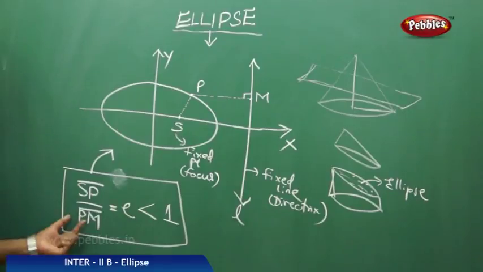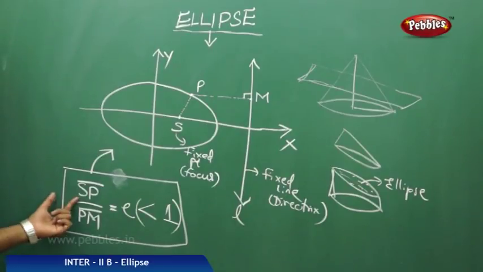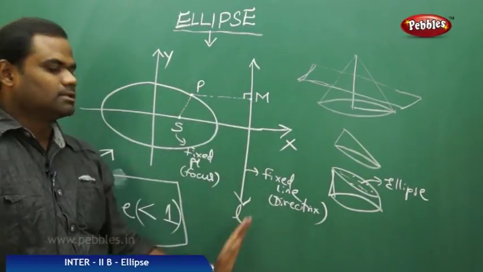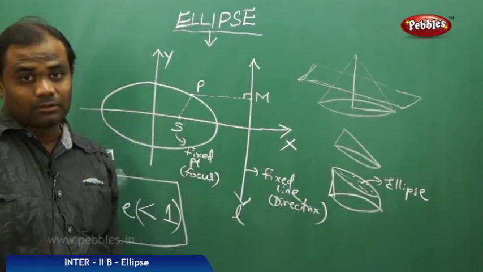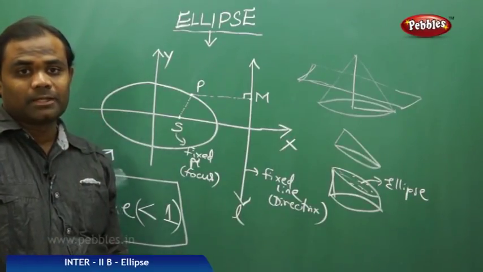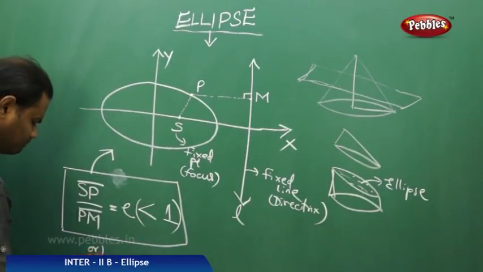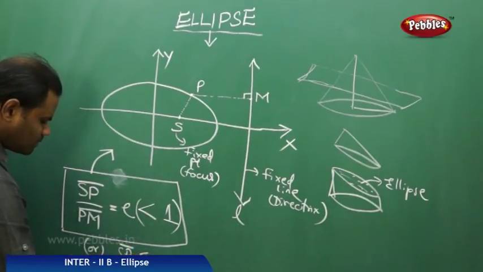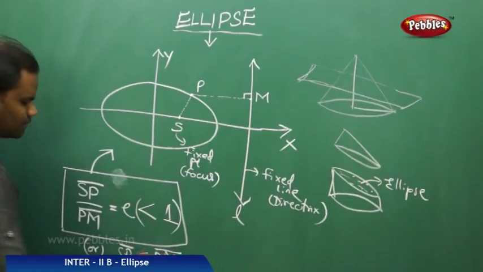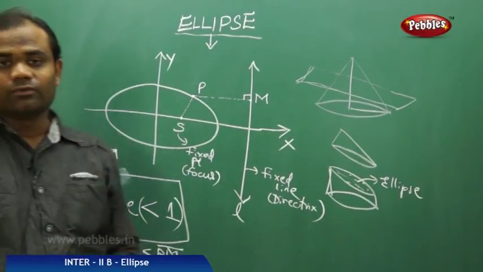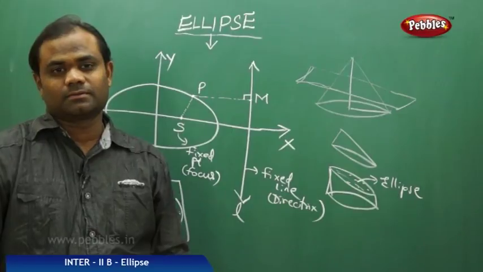If SP by PM is less than 1, we call this an ellipse, where S is the fixed point and this is the fixed line, the directrix L. So SP by PM is less than 1, or SP by PM equal to E with E less than 1, is how we define the ellipse.